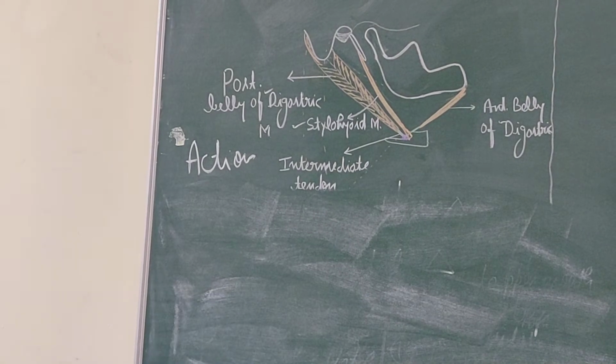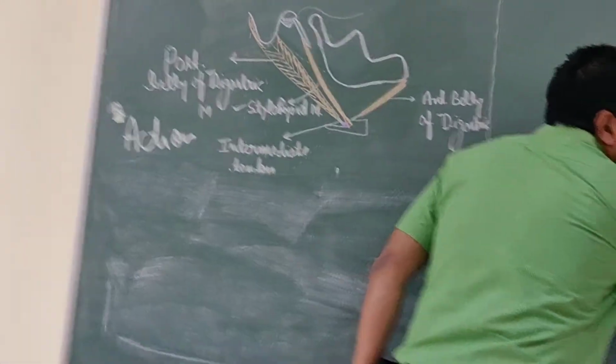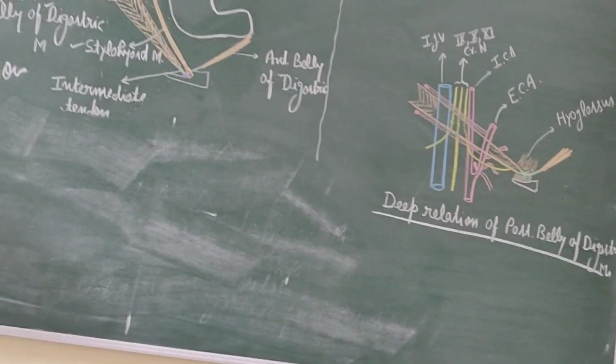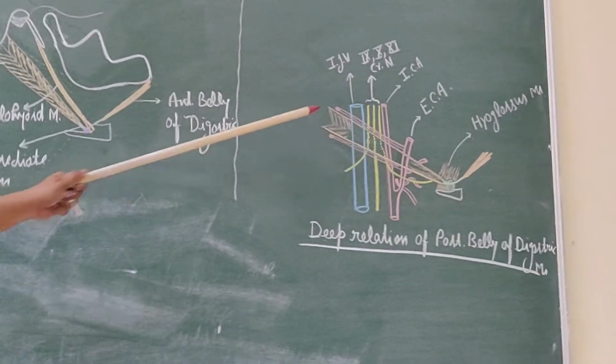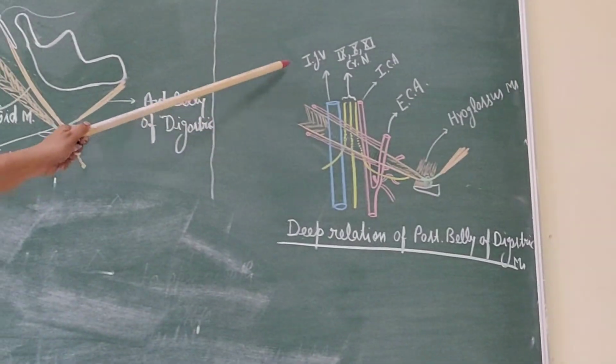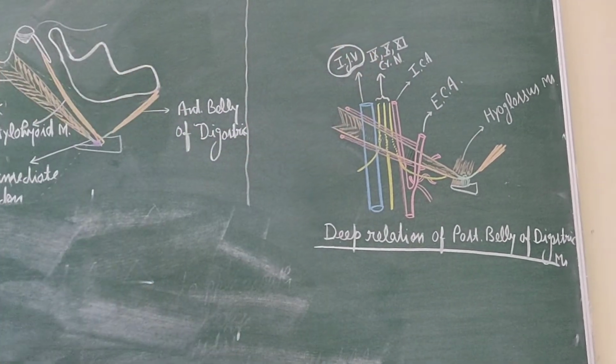Posterior belly of the digastric muscle, its deep relations are very important. The posterior belly is deeply related with the internal jugular vein.